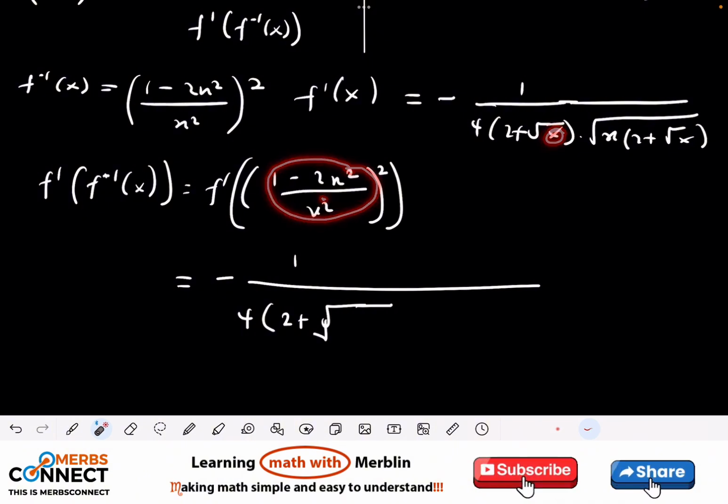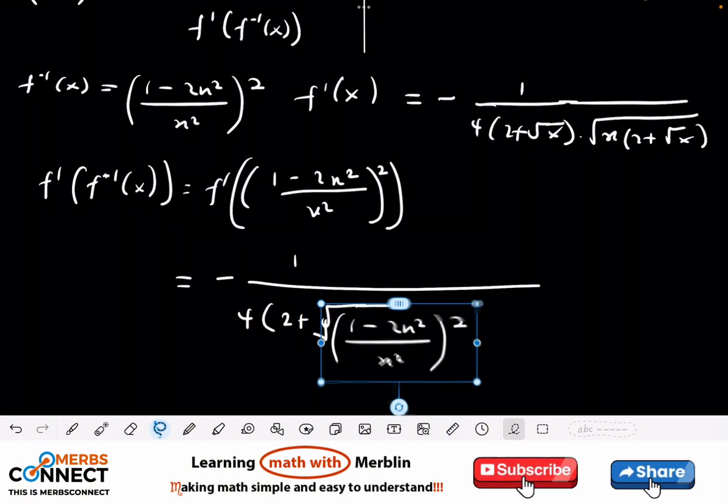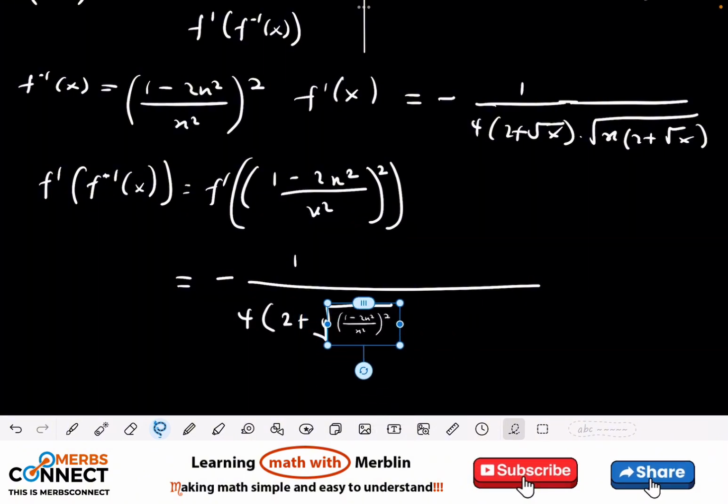I'm going to put this one here, everything in the bracket here. So let me copy this so that I can just write them and put it there. So paste and minimize it inside this one. Good. So this is what I'm going to have.